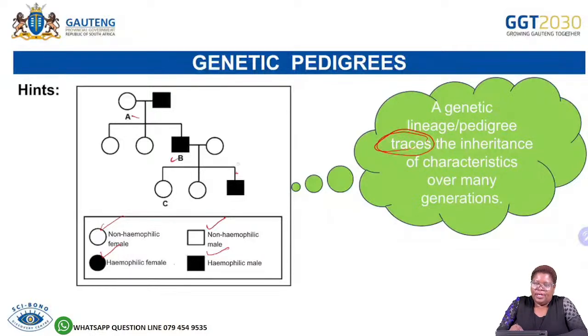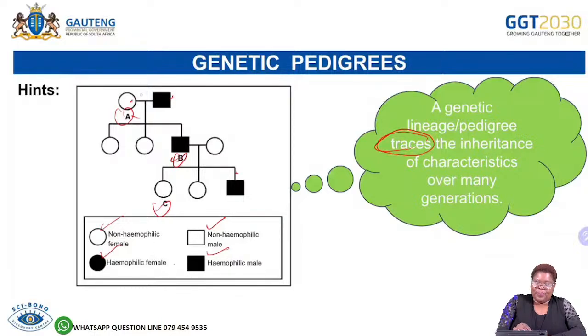Then what is going to happen? Look at A, B, C. We have got A, B, C. Then what is happening there? By the way, it is given that the female is non-hemophilic and the male is hemophilic.